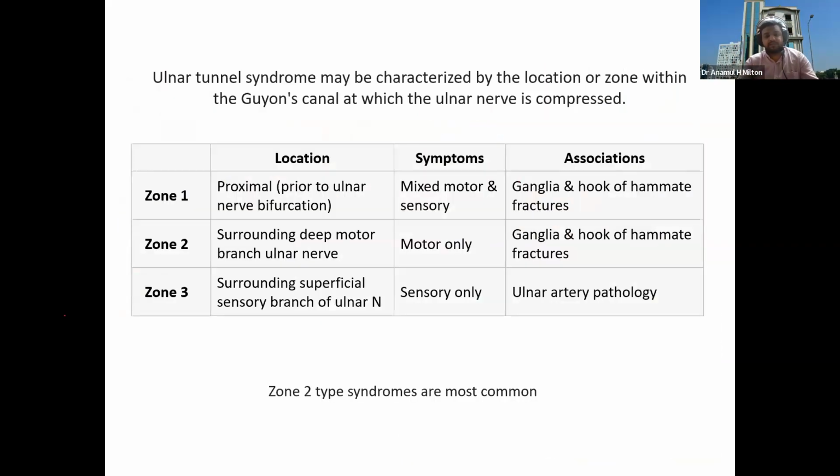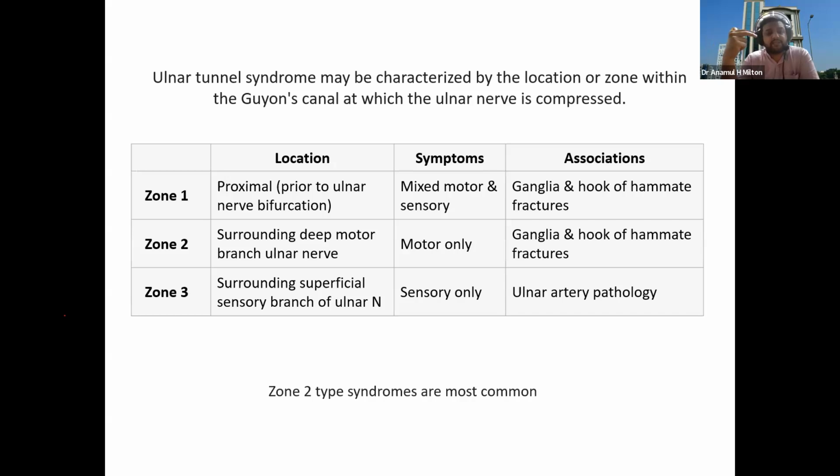Before the bifurcation, the main ulnar nerve is entrapped; this is zone 1. Both motor and sensory are diminished, and usually it is associated with a problem with the pisiform. Sorry, it is not the hook of the hamate, it is a problem with the pisiform.